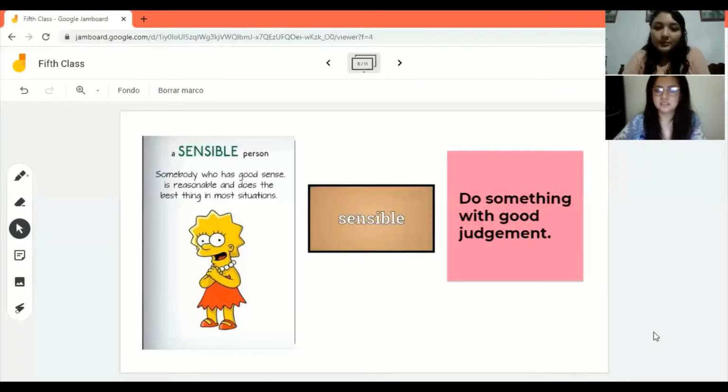With this word, many learners, when they are starting to learn English, tend to confuse it with its meaning in Spanish. And I have to say that it's not the same. In English, when a person is sensible, it means that she or he has good sense and is reasonable and does things in the best way.